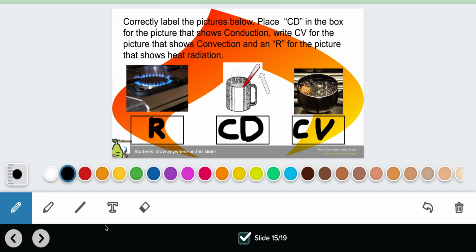A conductor with heat means that it allows thermal energy, or heat, to transfer very easily. And then an insulator, of course, is the opposite. Just like with electricity, an insulator will not allow a good flow of electrical current. And with thermal energy, it will not allow a transfer of heat to go through very well at all.